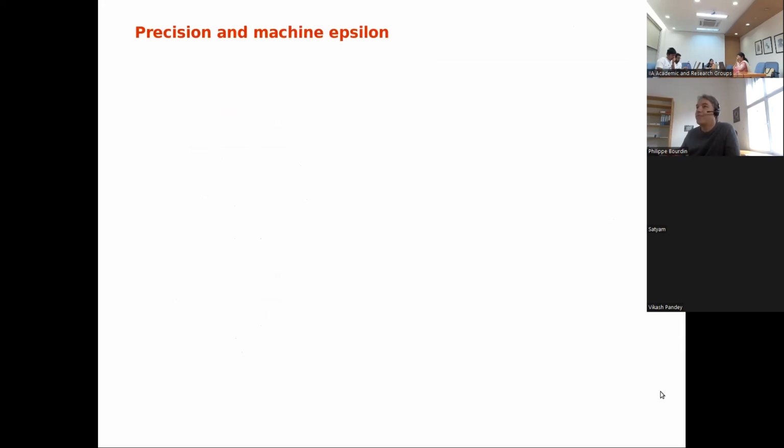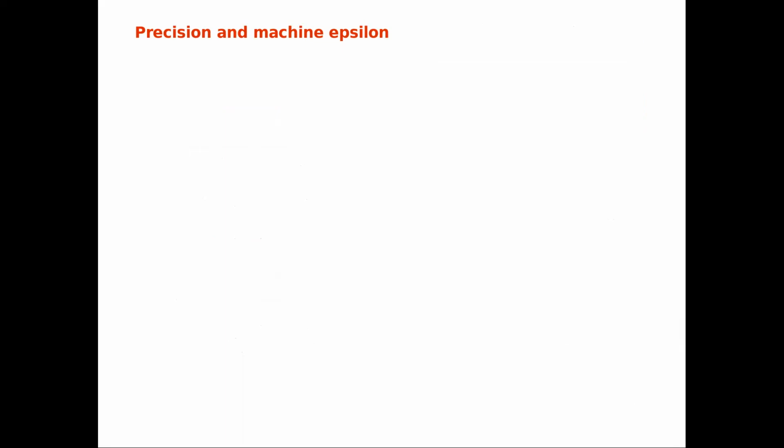good. So let's come to the next, more interesting topic, which is precision and the so-called machine epsilon. Whenever you compute something with floating point numbers, you never have perfect precision. With integer numbers that is clear. You have integer numbers, 1, 2, 3, 4, and so on. That is an absolute number. There's no error on it.